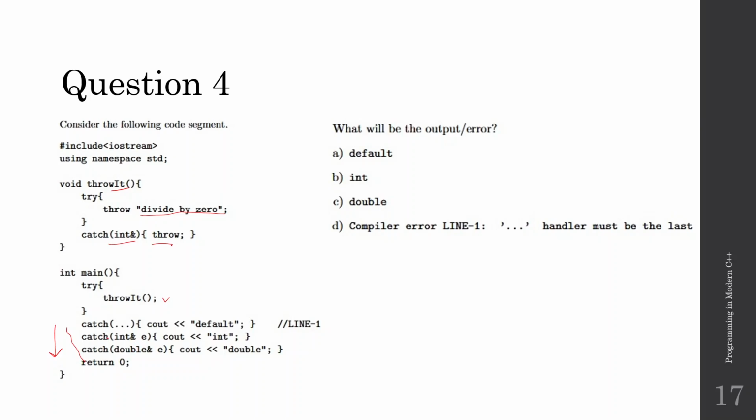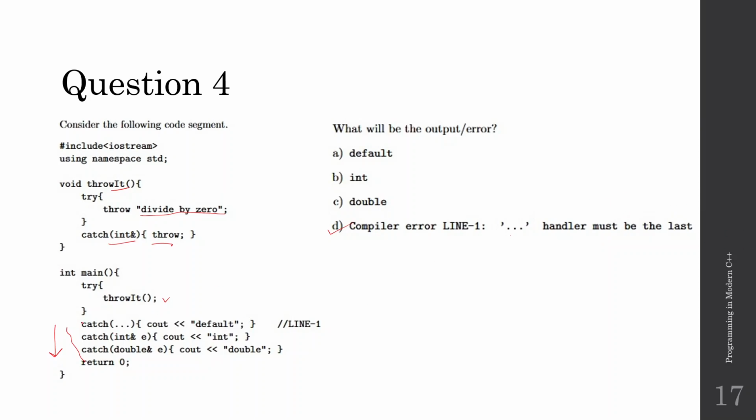So this is a logical error. So the compiler will throw an error, it will say that the catch block must be at the end. So in this case the answer is D, compiler error, handler must be the last handler, something like that it will print.